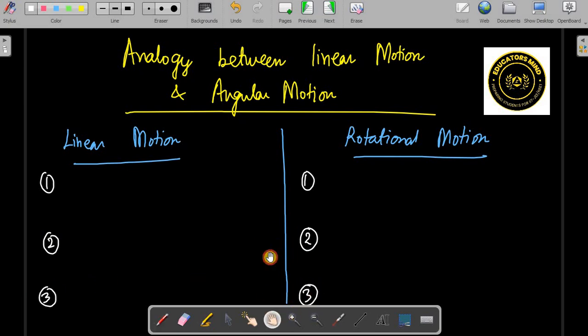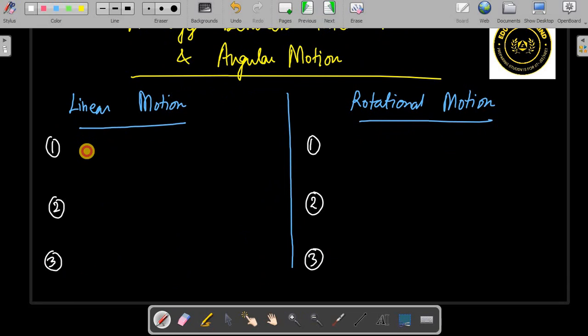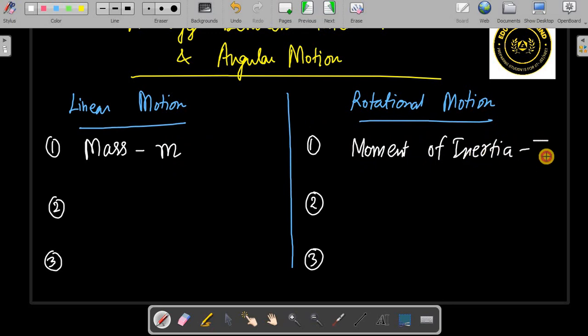So first we can write mass. Mass is represented as m. In rotational physics, it is moment of inertia, which is written as I. Then linear displacement, let us say delta x.